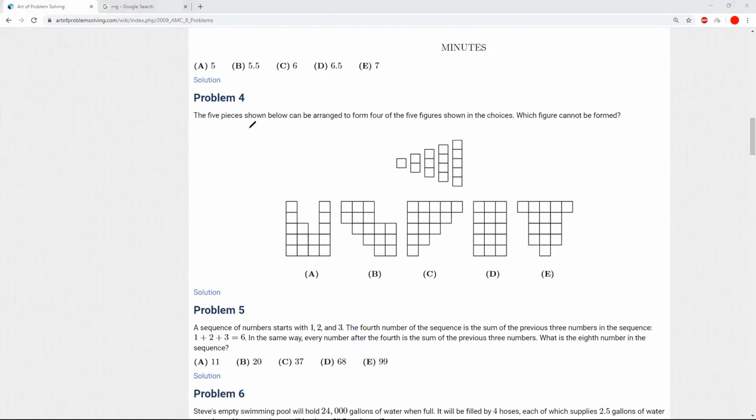So 5 pieces shown can be arranged to form 4 of the 5 figures. Which figure cannot be formed? All right, let's see.